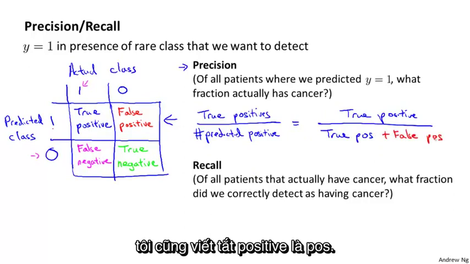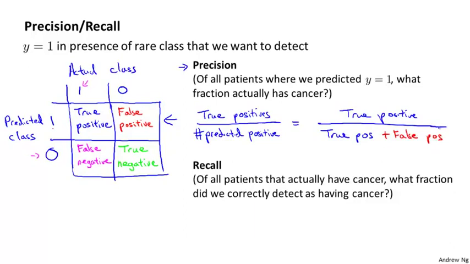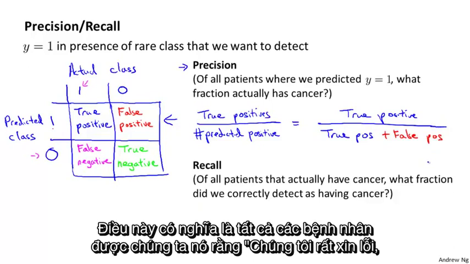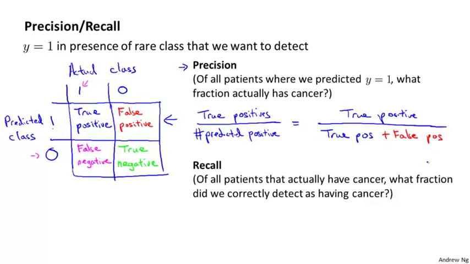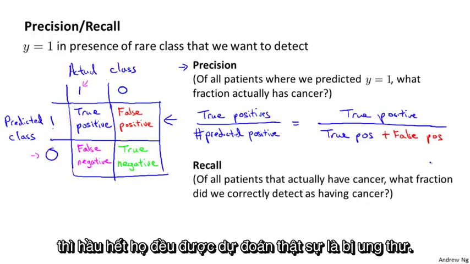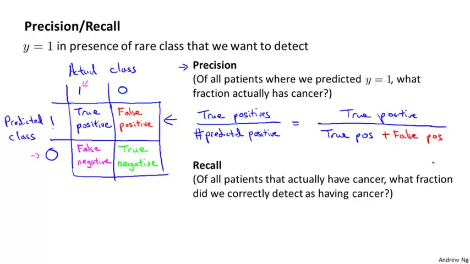That's called precision, and as you can tell, high precision would be good. It means that of all the patients that we went to and said, we're very sorry, we think you have cancer, most of them we made accurate predictions on, and they do have cancer.